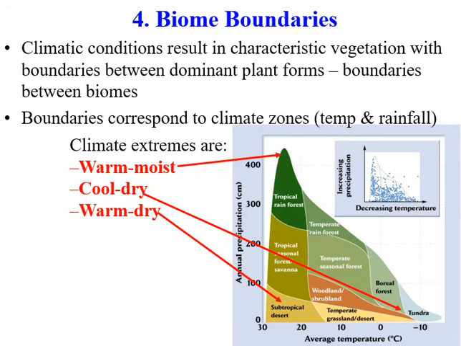So the lines that are drawn, for instance, separating a tropical rainforest from a tropical seasonal forest and a temperate rainforest, those lines that draw those boundaries are somewhat arbitrary.